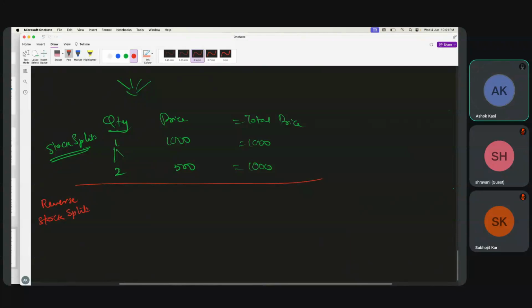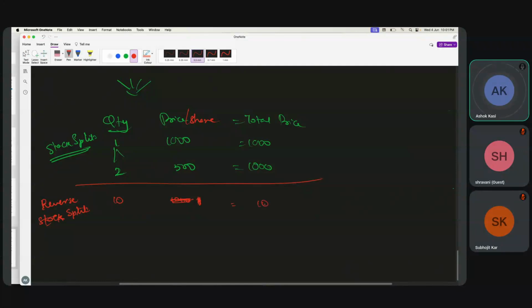Reverse stock split means, now imagine you have 10 stocks whose price per share is 1.